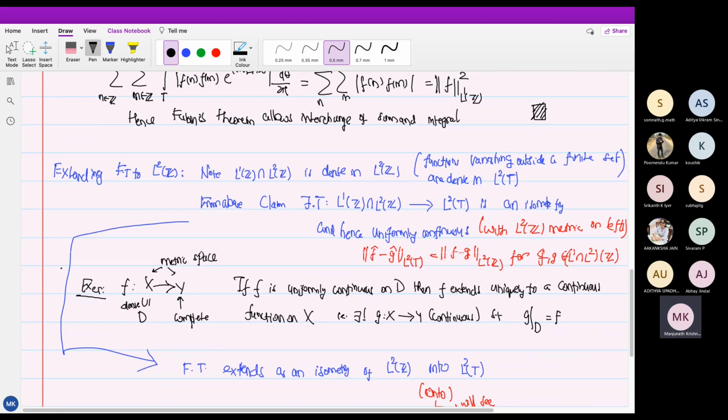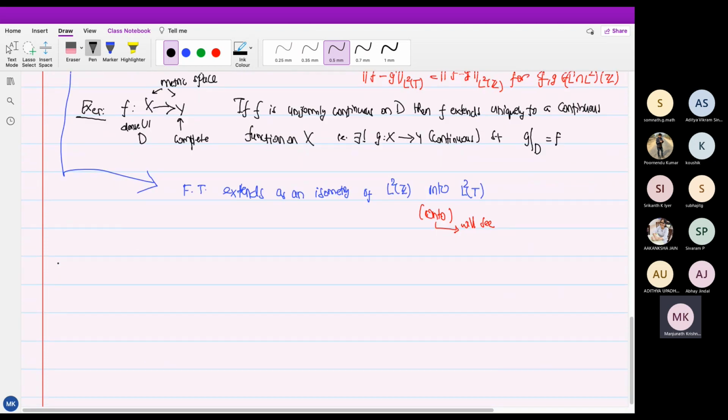One can even go further and define the Fourier transform on LP of Z for P between 1 and 2.